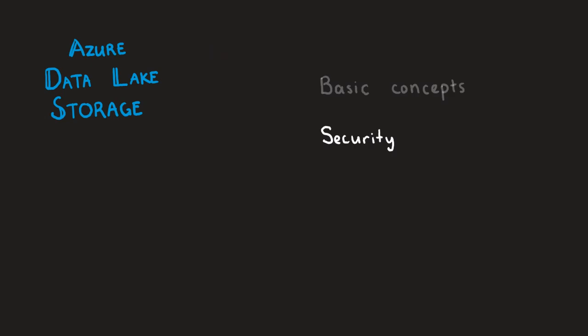Then we're going to look at security and making sure that we manage this the correct way. As the third point, we're going to look at structuring Azure Data Lake Storage. As I said, it can get crowded and messy quite easily because it's easy to use. And as the last point, we're going to look at how you can integrate this with some analytics services in Azure as well. So those are the 4 areas that we're going to be covering today regarding Azure Data Lake.